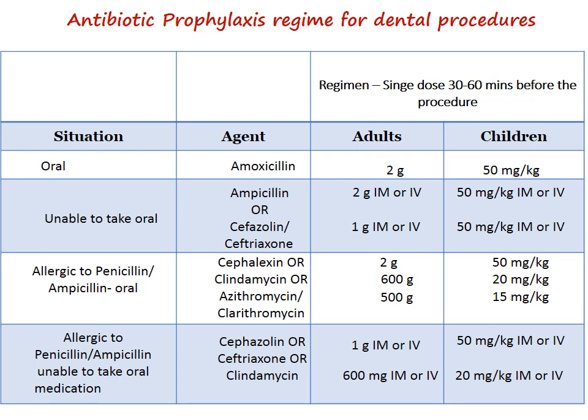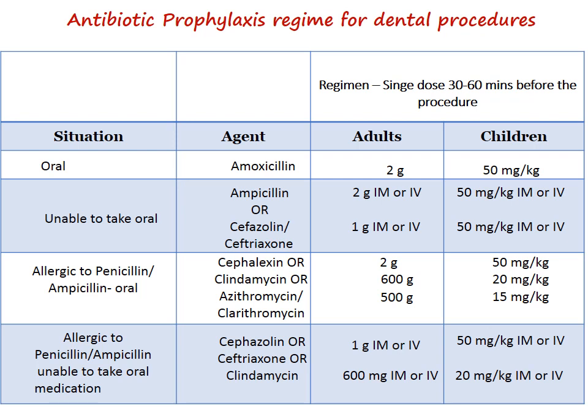If the patient is unable to take oral medication, then the next drug is ampicillin, or if the patient is allergic to penicillins, then cefazolin or ceftriaxone can be given.